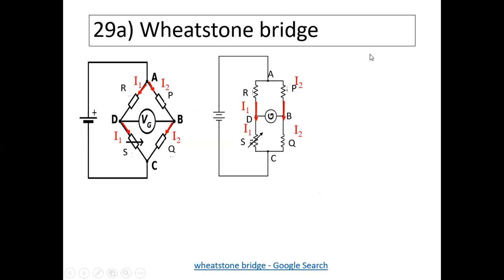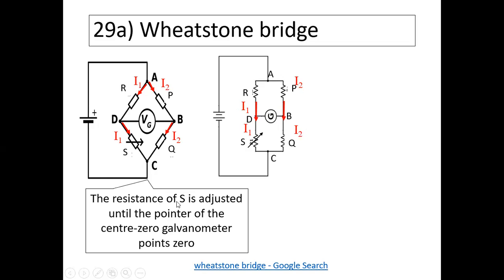Okay, so this is just to express to you. This side is one side, potential divider. This the other side, the potential divider. And then when that is zero, the resistance of S is adjusted until the pointer, it can be galvanometer, it can be voltmeter, points to zero, no current or no potential difference.